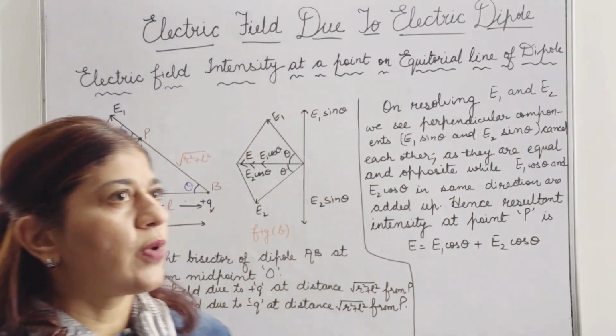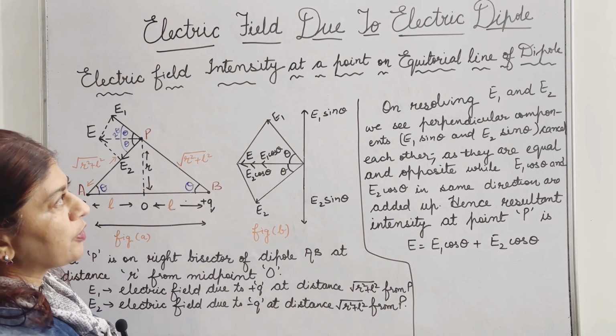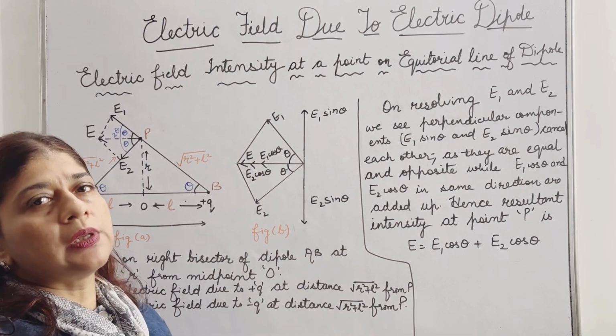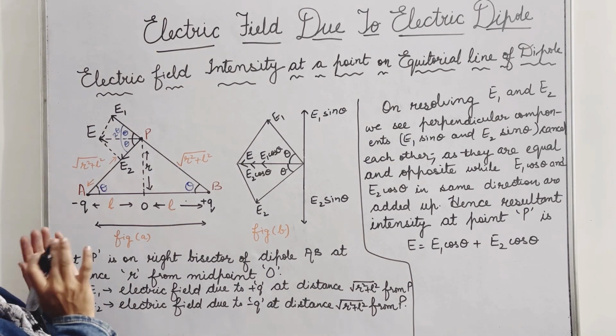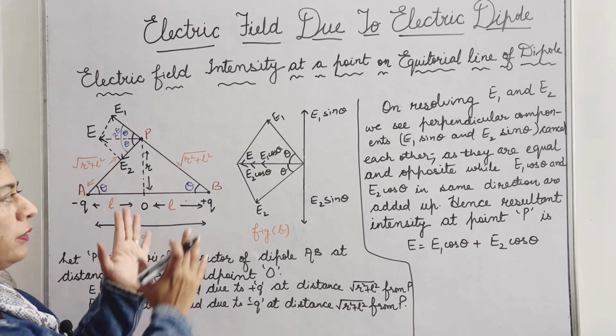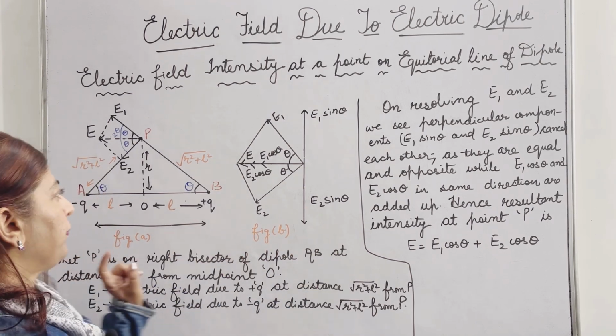Now in the second case, we are going to find the electric field intensity at a point on the equatorial line of the dipole. So first understand the figure. On understanding the figure, the derivation will be very easy.